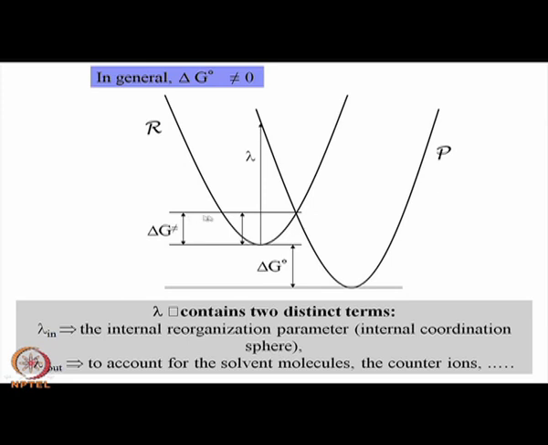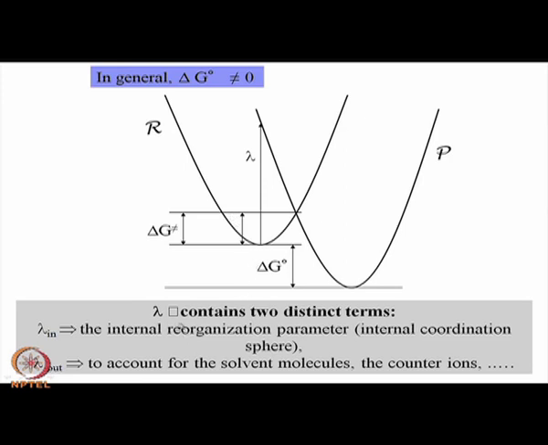You see here this is your transition state. This is the minimum for the reactant surface, and this is the minimum corresponding to the product surface. This is your delta G 0 and this is your lambda, and you see that the product surface is shifted in the right hand direction with respect to the reactant surface.